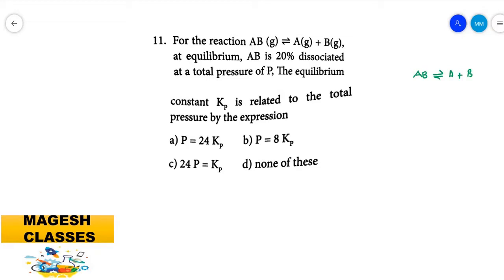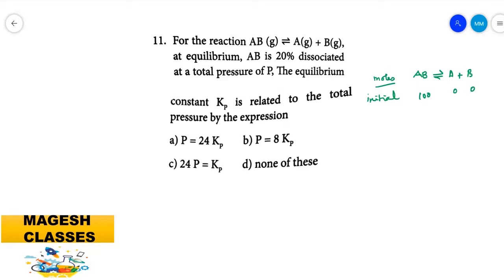To derive the Kp value, we have to consider the following steps to find the partial pressures of A, B and AB. See here the number of moles. Initially, we have 100 moles of AB and 0 moles of A and 0 moles of B in the container.